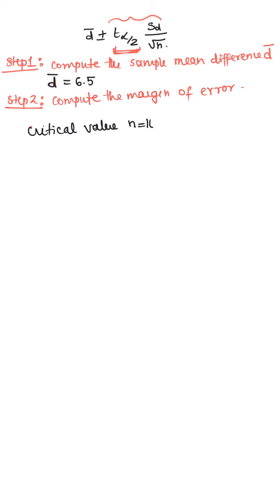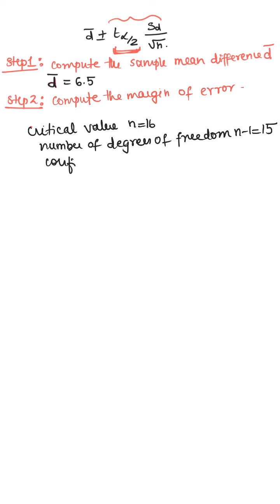N is 16. So number of degrees of freedom is n minus 1, that is 15. Confidence level is 95%.